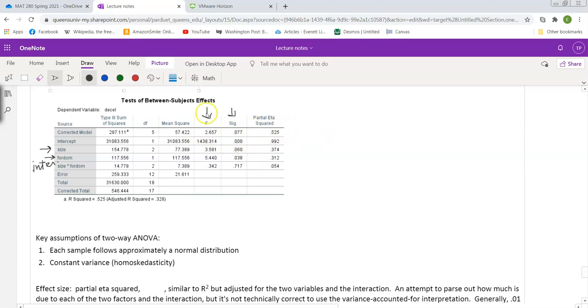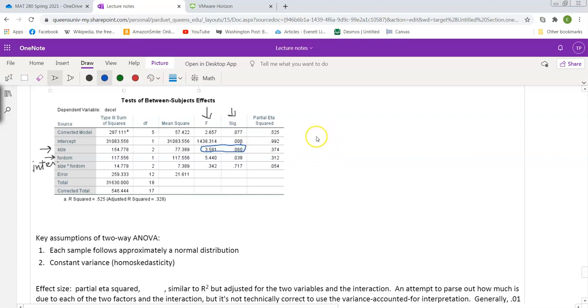So let's start by looking at our first main effect. We don't care about the corrected model or the intercept. Let's look at the size, which I'm circling in blue.